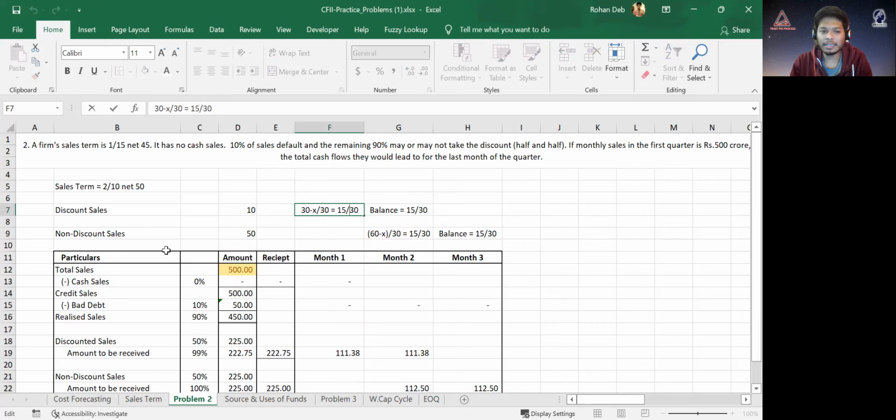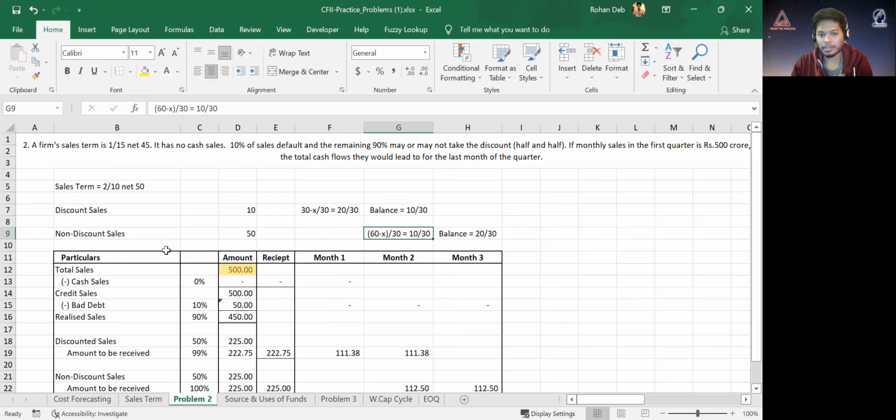My x changes to 10. So 30 minus 10 is 20 by 30. Balance would be 10 by 30. And for non-discount sales, it would be 60 minus this, again 10 by 30, and this would be 20 by 30.